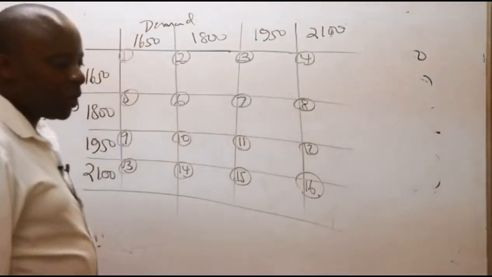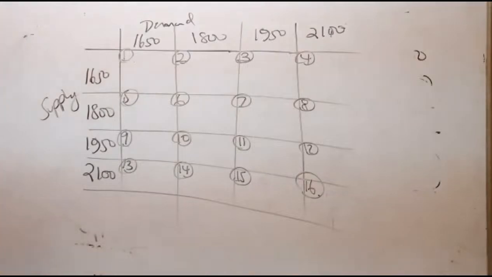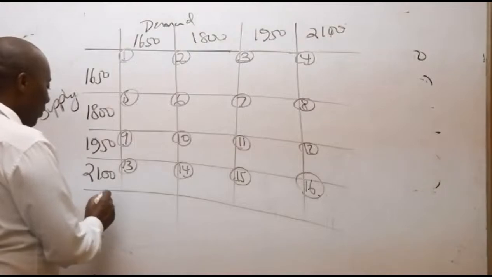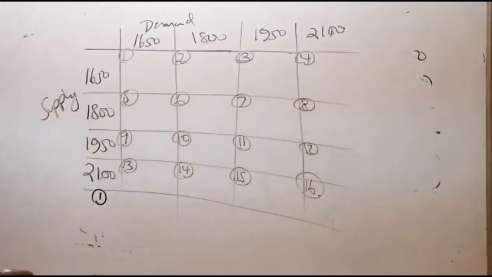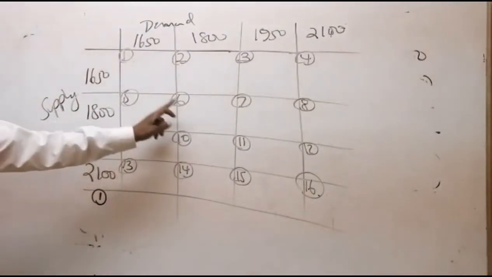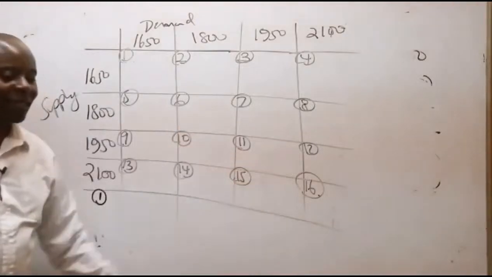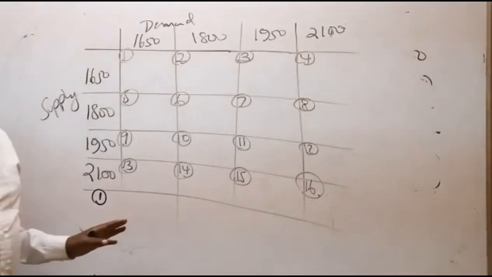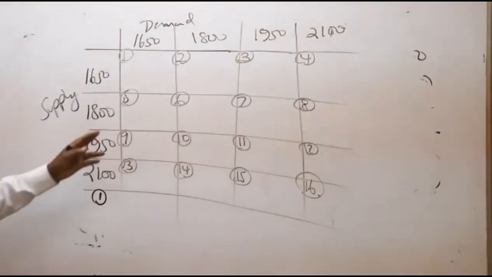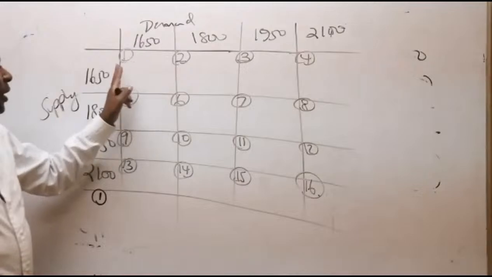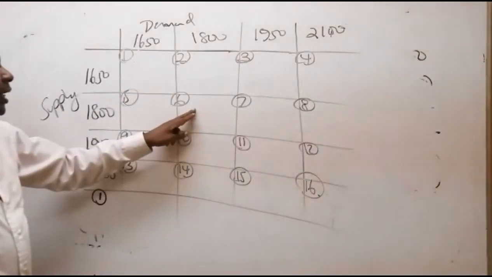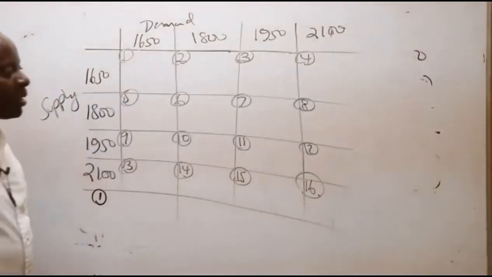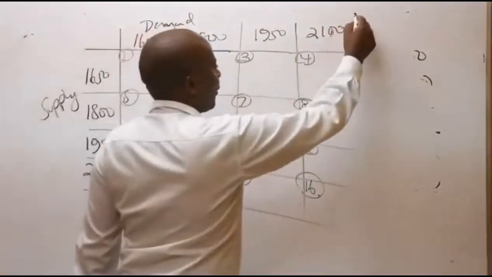So I would want us now to get payoffs for cell number 1. Cell number 1 is a perfect match. Actually, like cell number 1, number 6, number 11, number 16, those ones I can get them without sweating it out. Actually, that's what I do personally. When I start with this perfect square, 1650, 1650, I'll go to this, 1800, 1800, I'll go to this. So that we get, first of all, the perfect matches.